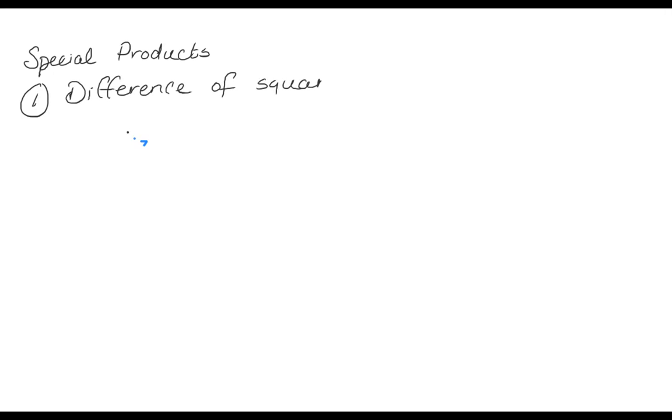And I think we did an example of one of these last time. This happens when you have 2 binomials multiplied together, where the terms are exactly the same, except for the sign in between. So like an x minus 5 and an x plus 5.